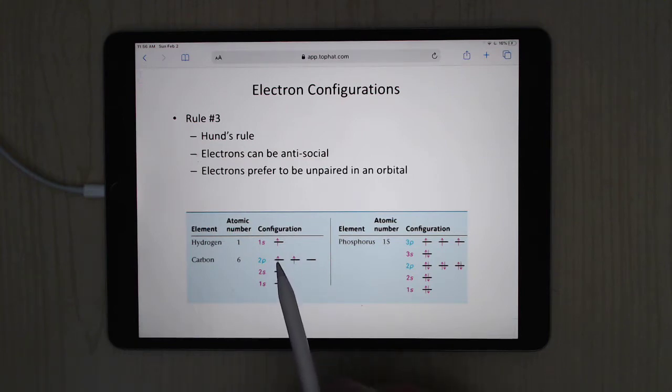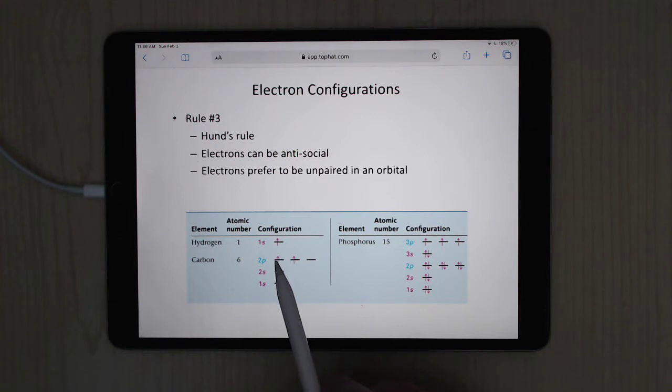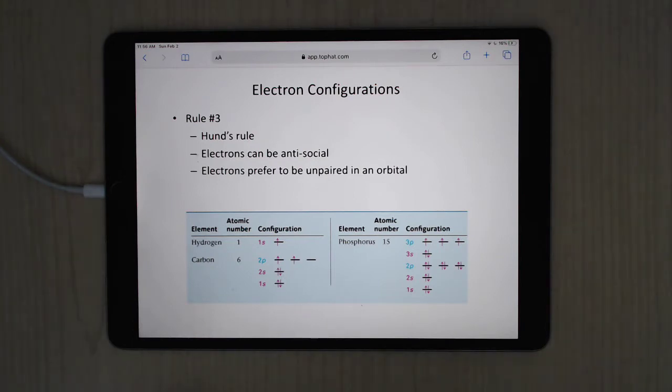Instead of having both of the electrons here and then two empty orbitals, what Hund says is, look, you're going to have one electron here, one electron there. And it kind of makes sense because you have two electrons. They're both going to have negative charges, and so they're going to repulse. And so we'd rather keep those negative charges apart if possible, right? If we have to pair them up, fine, but we want to wait as long as we can.